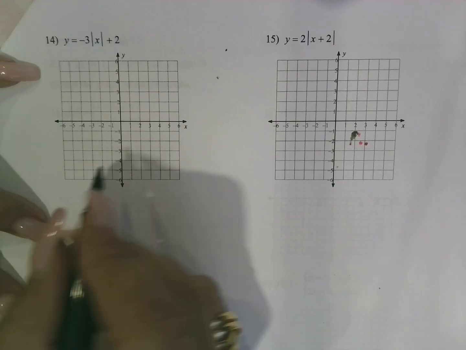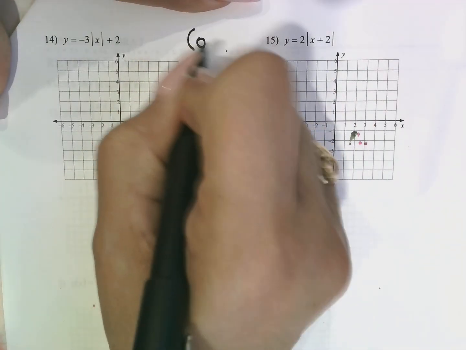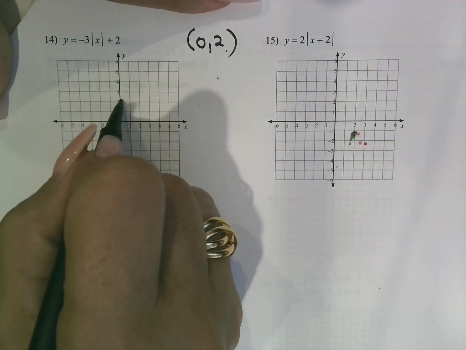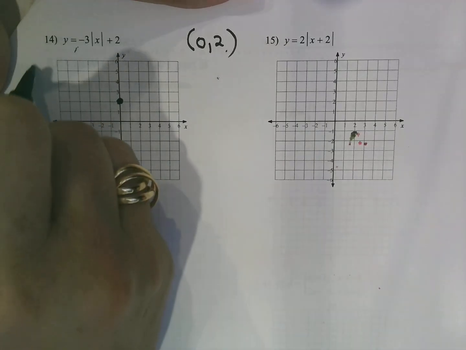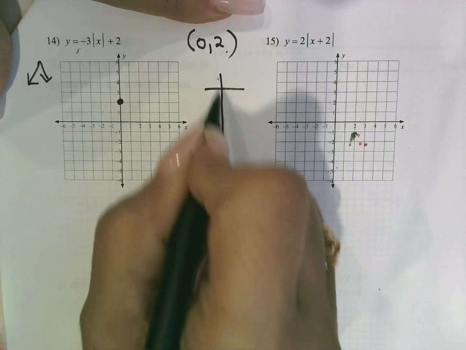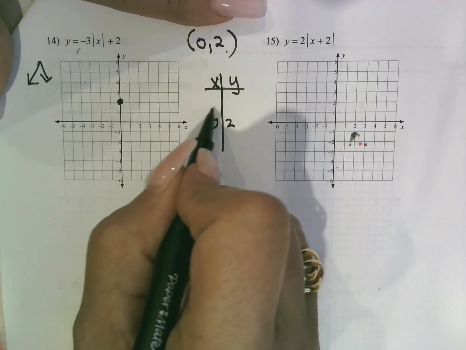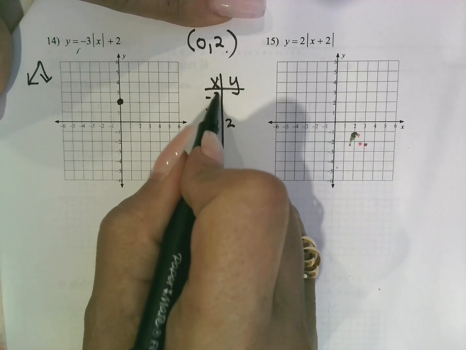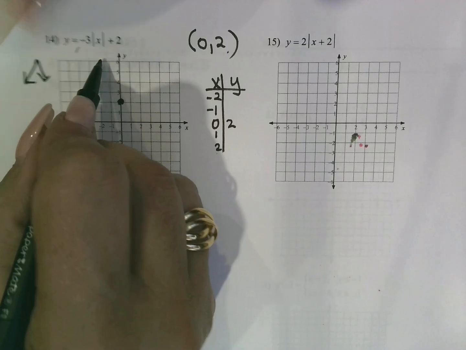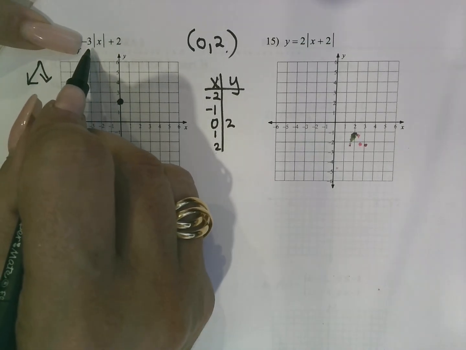Number 14, we're going to go ahead and find the vertex here. The vertex is going to be at 0, 2, again. We know this already. We also know this is going to open down. All right, so I'm just going to get a few points for it. Vertex is at 0, 2. Let's do -1, -2, 1, and 2. If I plug in a 2, the absolute value of 2 is 2. 2 times -3, that's -6.